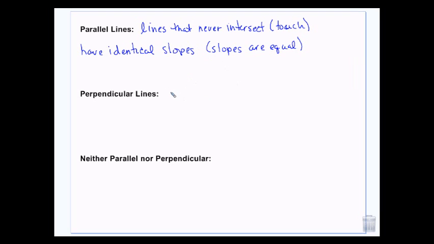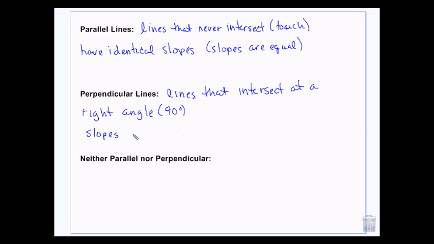Perpendicular lines are lines that intersect at a right angle. So they intersect at a 90-degree angle.